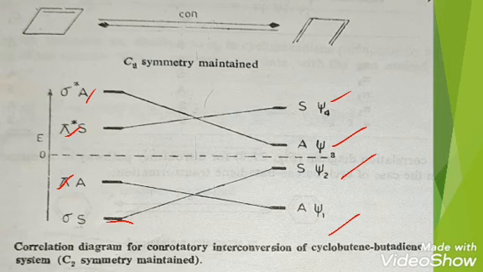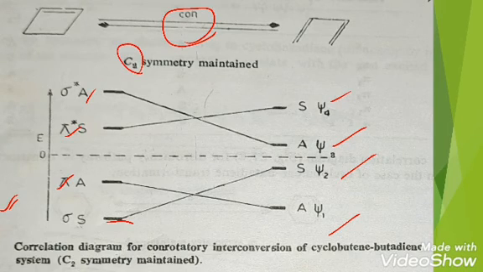Because in the conrotatory ring opening motion, the C2 axis of symmetry is maintained, hence we are comparing the symmetry properties of the C2 axis here.